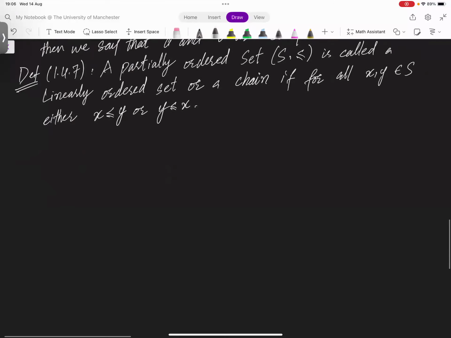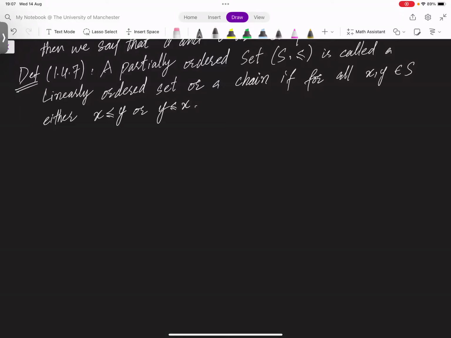And then a set which has a partial order on itself is a linearly ordered set if the elements inside the set are comparable. That is the condition.